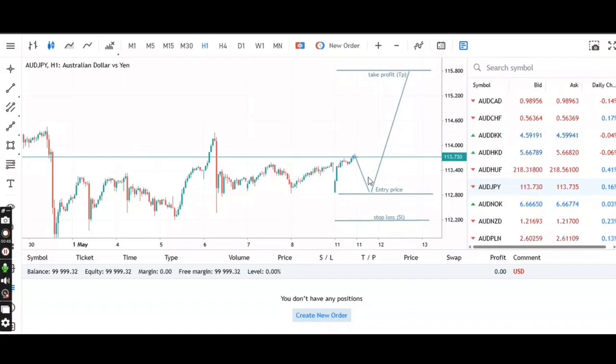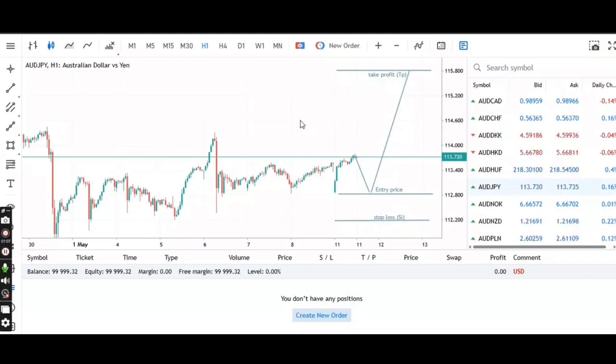All I have to do is set a limit order, a buy limit order, because a buy limit order gives you the opportunity to be in the market when the market returns to a particular point and then continues in the bullish direction. So this is my entering price, this is my stop loss, and this is my take profit.